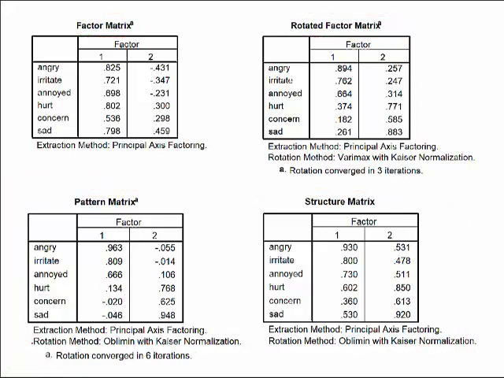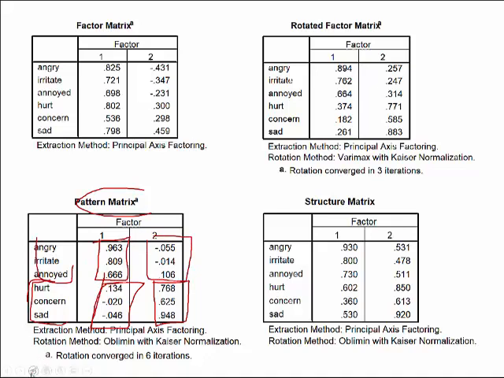These are essentially the same results we saw before. If you look at them, you'll notice it's pretty much the same patterns. For example, in this pattern matrix, angry, irritated, and annoyed all have fairly strong loadings on factor 1, and the soft emotion items have weak loadings on that factor. And the soft emotion items all have strong loadings on factor 2, and the hard emotion items all have weak loadings on factor 2.